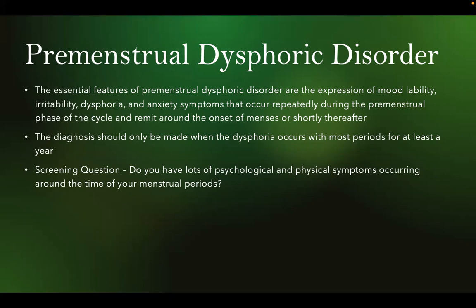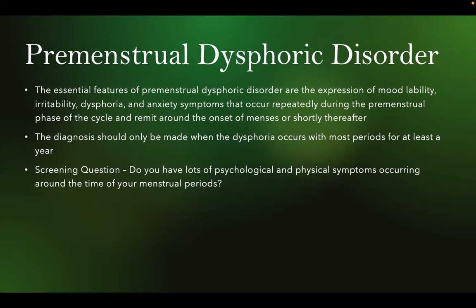So the essential feature of premenstrual dysphoric disorder is the expression of mood lability, irritability, dysphoria, and anxiety symptoms that occur repeatedly during the premenstrual phase of the cycle and remit around the onset of menses or shortly thereafter. So however often this individual is experiencing their menstrual cycle, these symptoms are happening prior to menses, but then they dissipate.